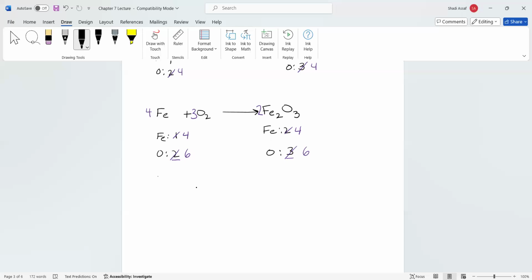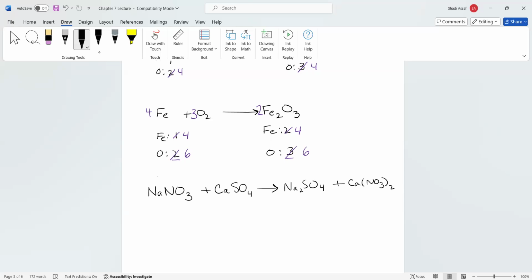So, for example, you may have something like NaNO3, SO4, and you end up with Na2SO4 and Ca(NO3)2 in parentheses.